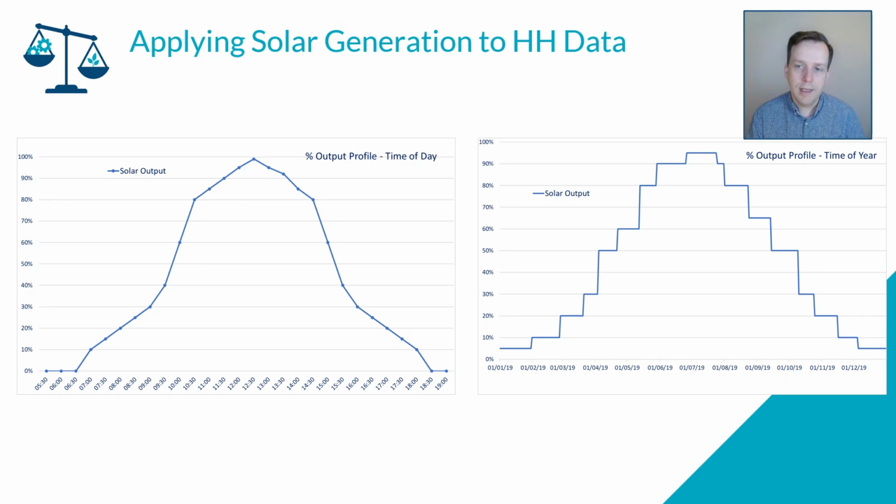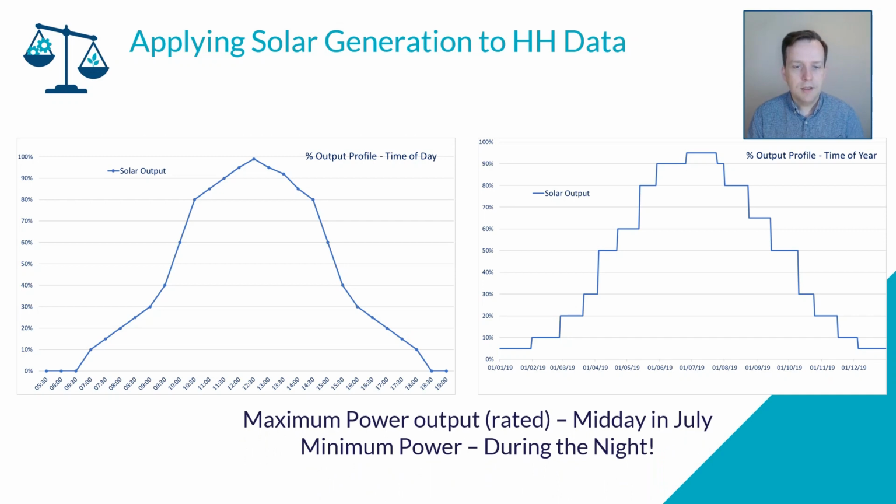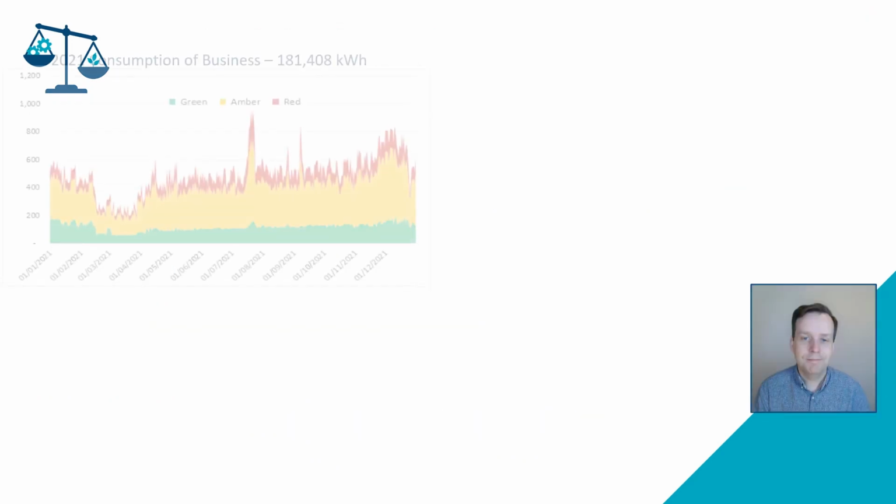But similarly, we have a time of year profile, and the net profile is a combination of simply generation time of day and generation time of year, and that gives us the 3D plot we saw previously. So maximum power output midday in July, minimum power at night, which is obvious.